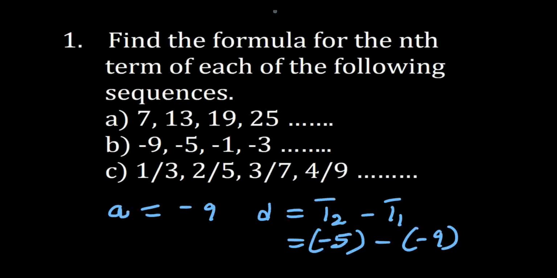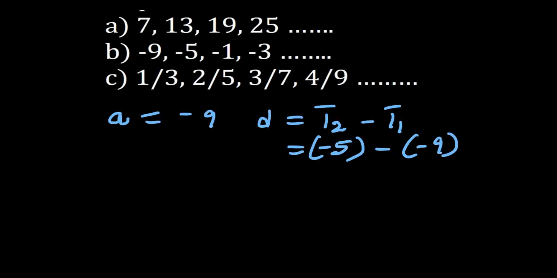Ensure you put that in parentheses. So if you use this negative sign to multiply this negative over here, that automatically becomes plus, so plus 9. So negative 5 plus 9 is 4. So the common difference is 4.